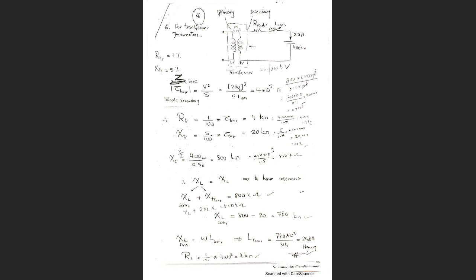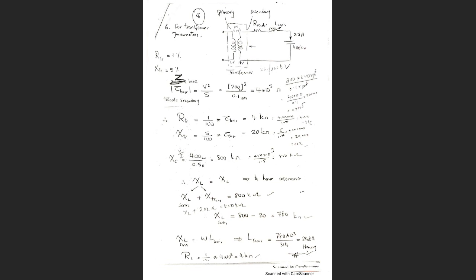So XL plus 20 kilo ohms is 800 kilo ohms, so XL series will be 800 minus 20, that is 780 kilo ohms. From this, we can calculate the inductance value. XL is omega L, so L series will be XL by omega, where omega is 2 pi f. So we will get 2484 Henry.